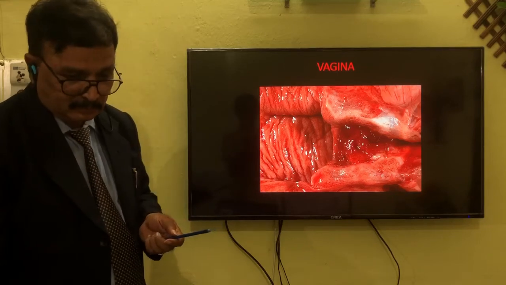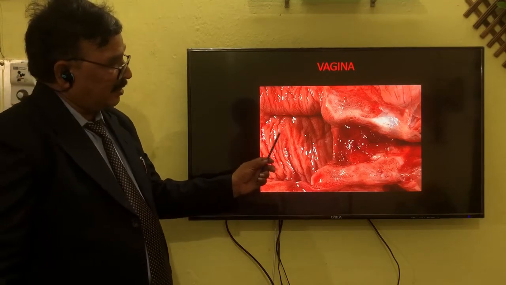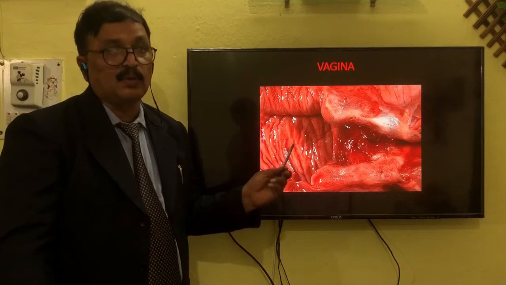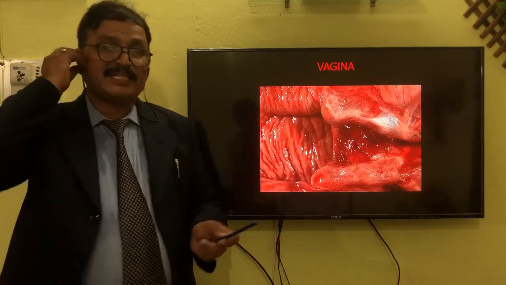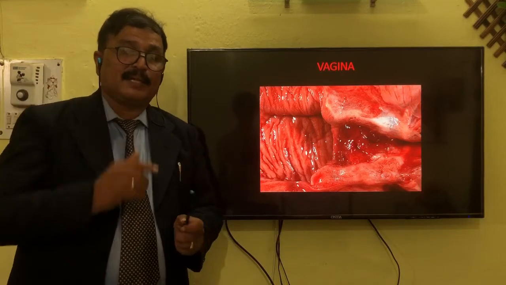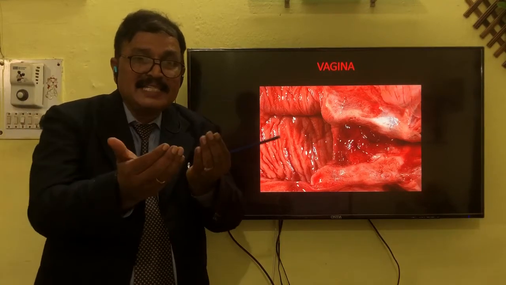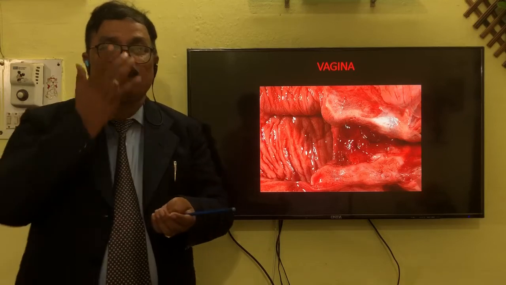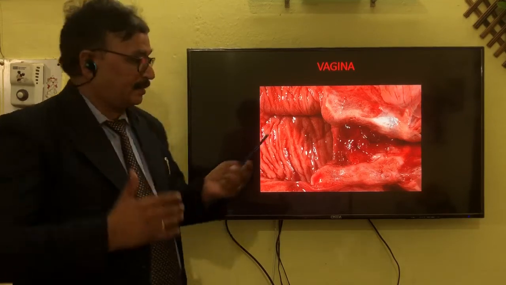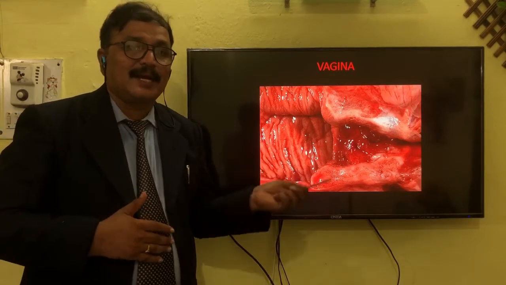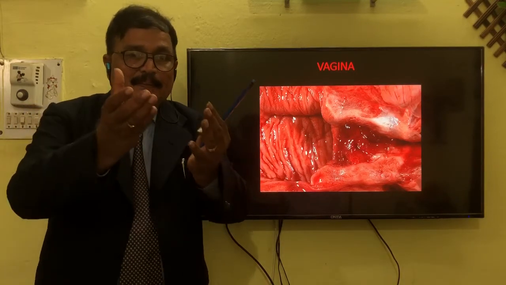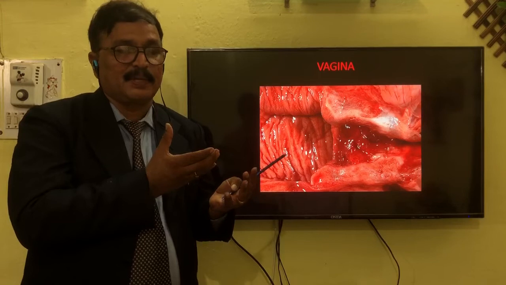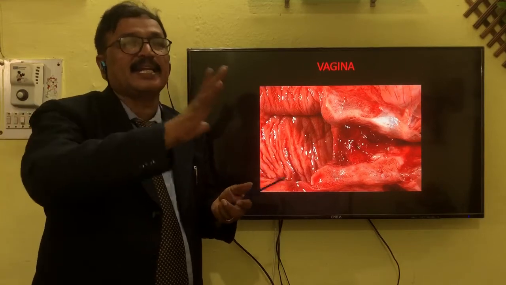Now, this vagina opens outside through the external genitalia. What is the role of this vagina? Vagina plays the role of receiving the male copulatory organ, the penis, during sexual intercourse, and the vagina along with the cervical canal acts as the birth canal, through which the delivery of the baby takes place.